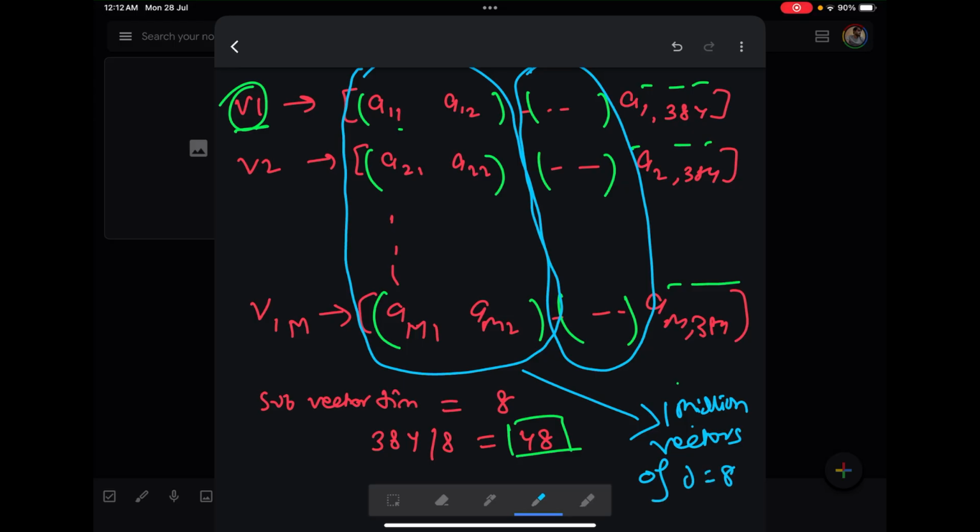Now these 1 million vectors correspond to the 1st position. Similarly, in the 2nd position I have a similar situation, and similarly up to the 48th position I have a similar situation.